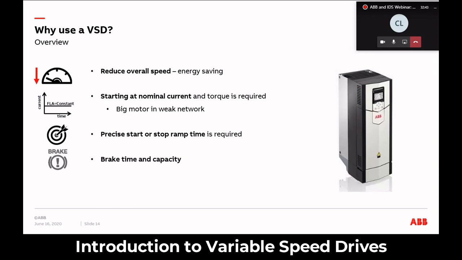Brake time and capacity. Unlike some of the other methods, drives have the ability to do some form of braking, and there are two forms of this: mechanical braking, which is a mechanical brake fitted onto the motor itself. But what we're looking at here is more electrical braking.